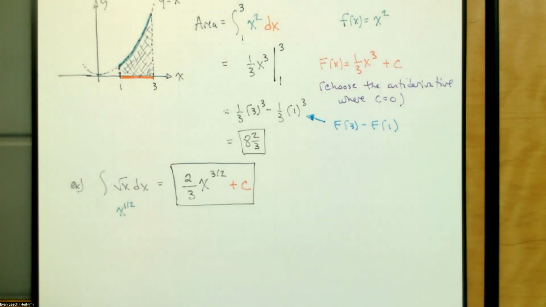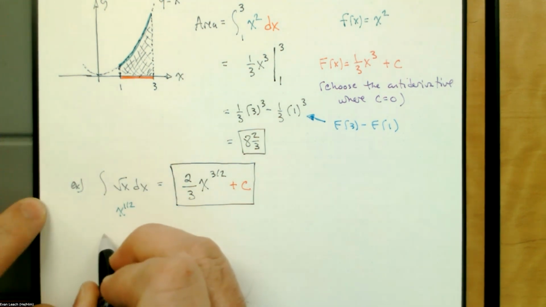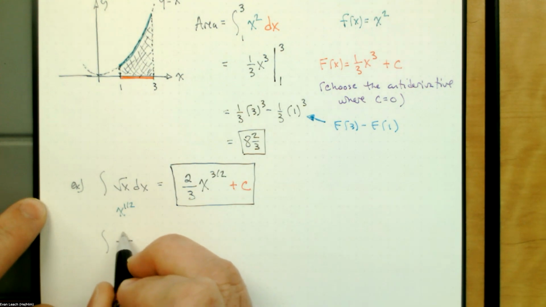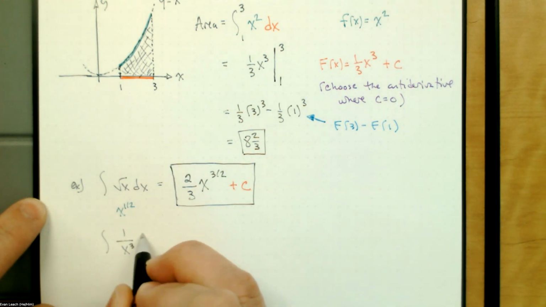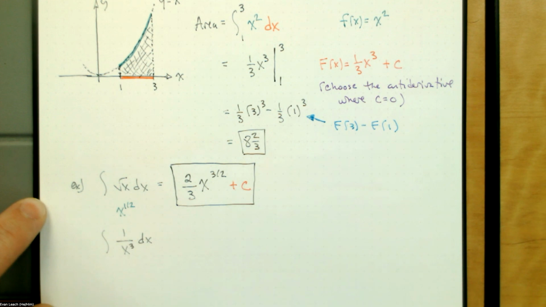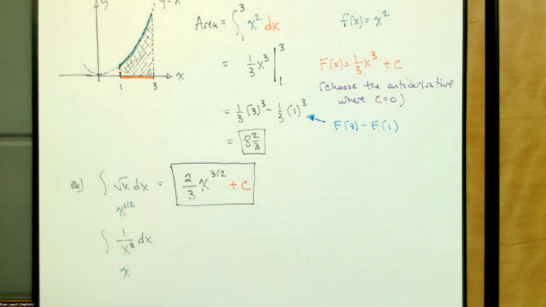So a lot of the things that we do for derivatives, if we can look at powers of x, then we look at powers of x. If, for example, I have 1 over x to the third, how am I going to read this? What's this as a power of x? A positive exponent in the denominator I can write as a negative exponent in the numerator.